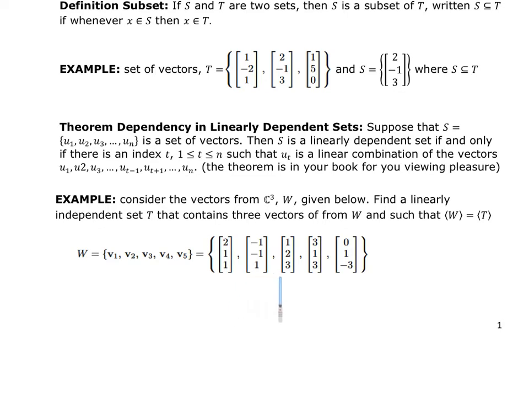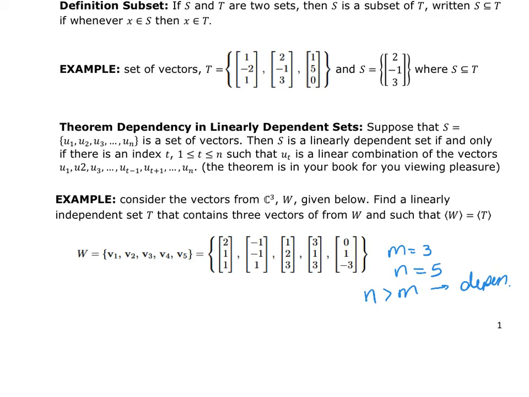Now we know by looking at this that our number of entries here is 3. So this is coming from yesterday's video. We know the number of entries is 3, but the number of columns, N, is 1, 2, 3, 4, so I have 5 column vectors. Because N is larger than M, we know that we have dependence.